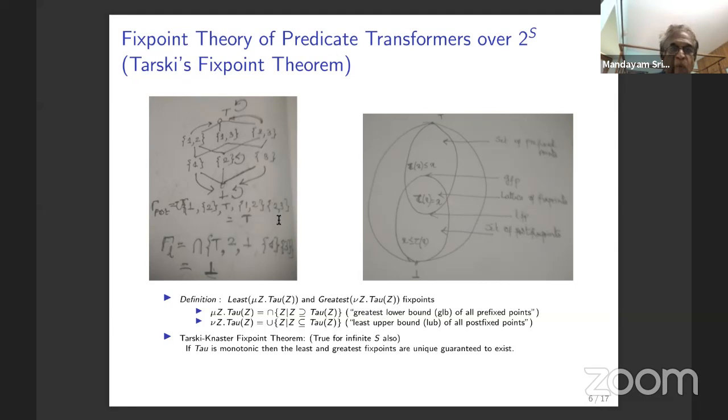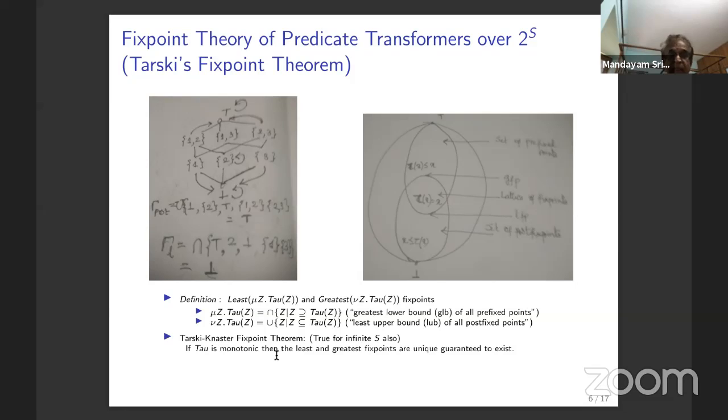And when tau is monotonic, the fact that it is defined as a GLB or LUB, because it's a CPO, guarantees the existence of greatest and least fixed points, and they're also unique. That they are unique was proved by the Tarski-Knaster fixed point theorem.